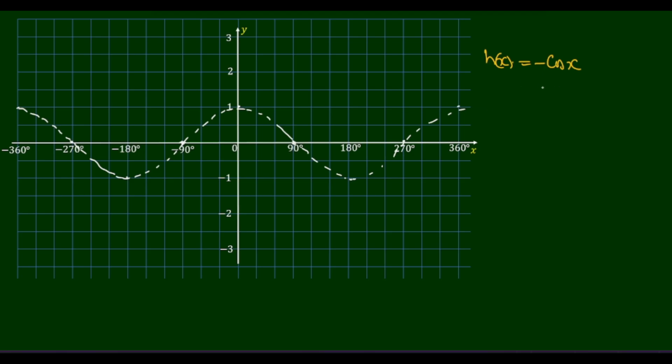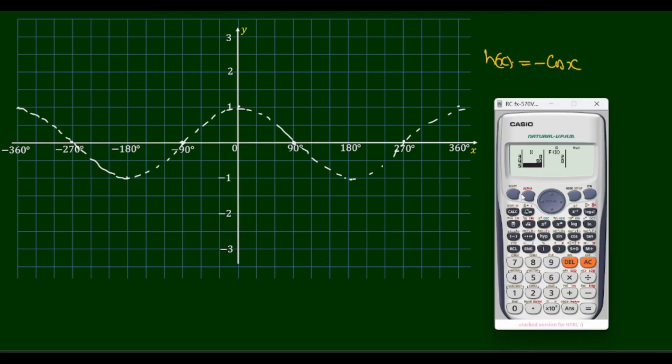Now you can even use your calculator to do that. Okay, let's sketch from -360 to 360. Right, let's see what we get. Now know how to use your calculator. Just press, and then we can say negative cos, then alpha, and then where's our variable x there, then close bracket.